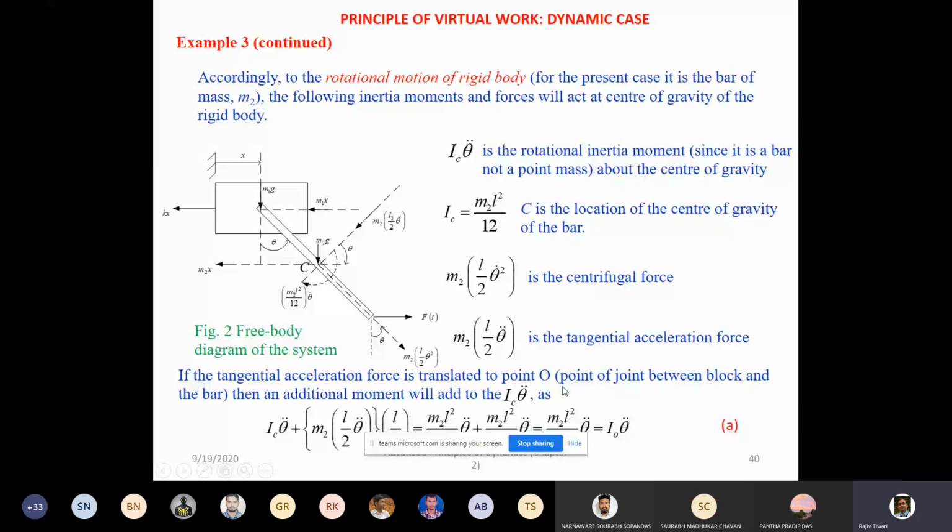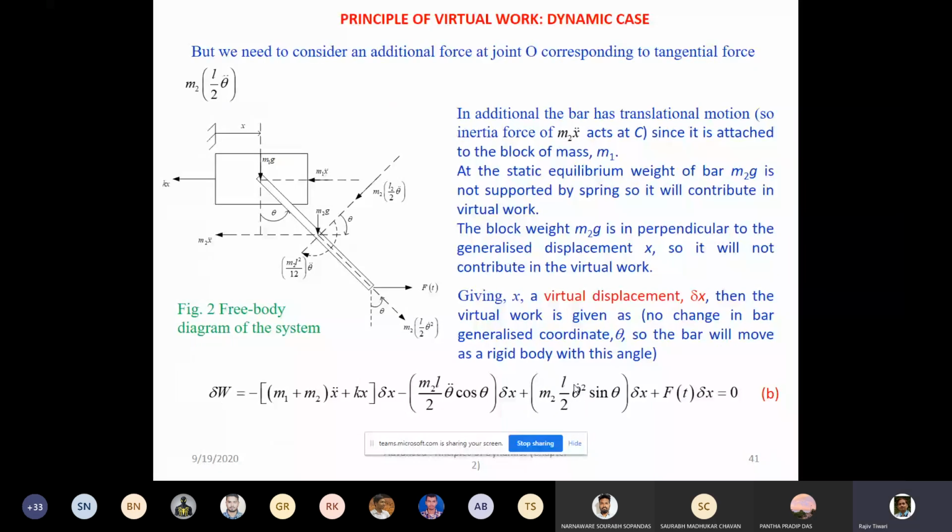So now we are giving a virtual displacement, let us say delta x, to x. I have not shown that particular delta x, but you can see the car will get displaced by delta x.